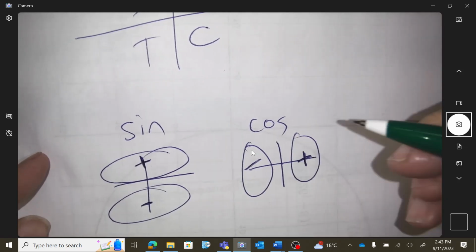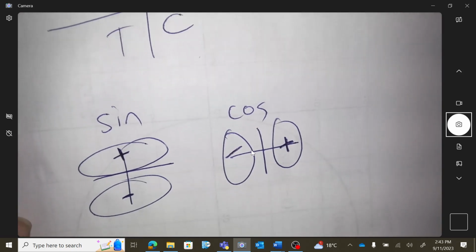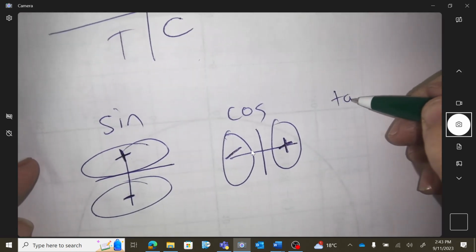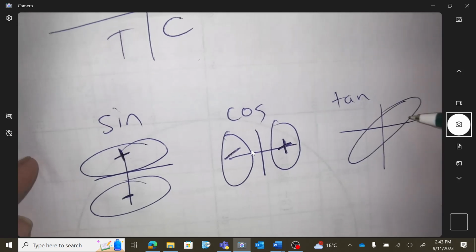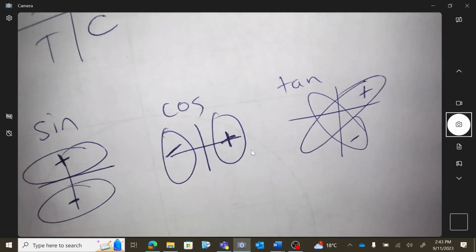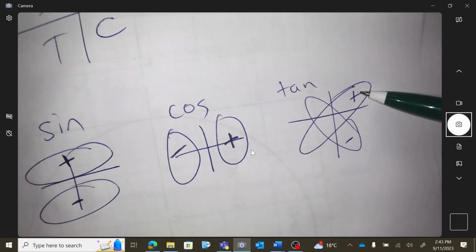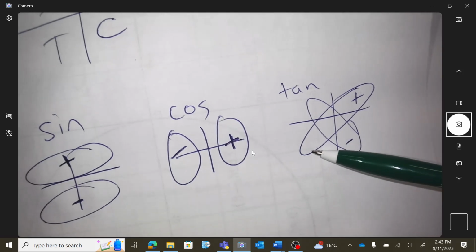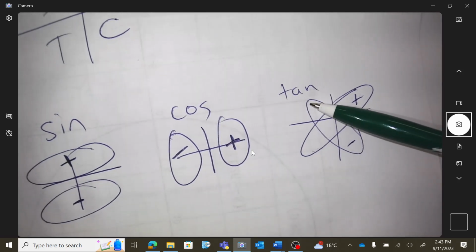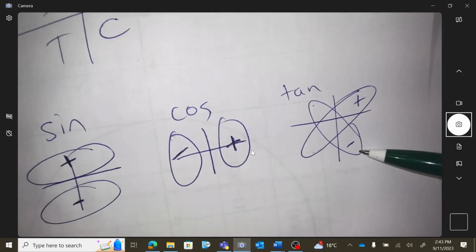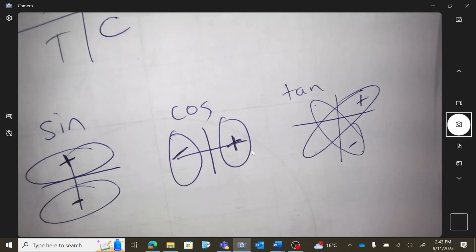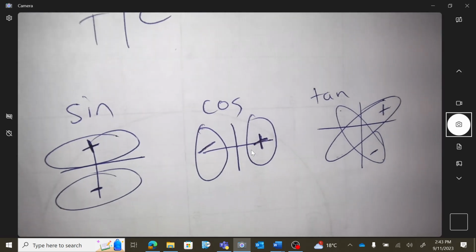Do you remember this stuff? So cos always splits left, right. And tan was always splitting diagonally because it's y divided by x. So when you divide two positive numbers, it's positive. When you divide two negative numbers, it's positive. Here you would be dividing negative, positive, positive, negative. So that was the fast way to think about ASTC.